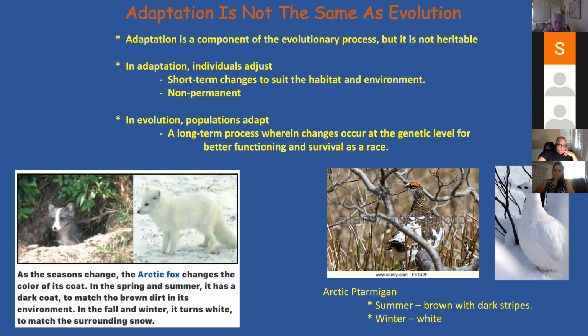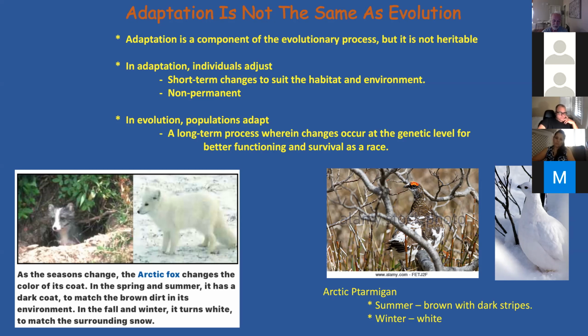And similarly, on the right, the Arctic ptarmigan, it's a type of partridge. In the summer, it's brown with dark stripes, so it's camouflaged. In the winter, it's white. Now, these are adaptations. This is not evolution, because as time goes by, the ability of individuals in a population to switch colors just continues.